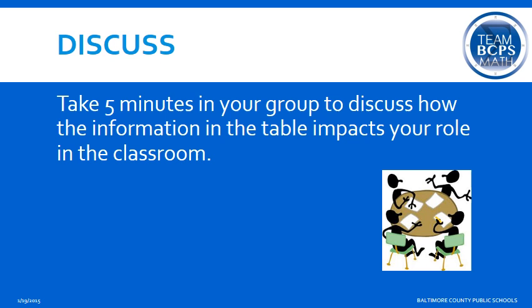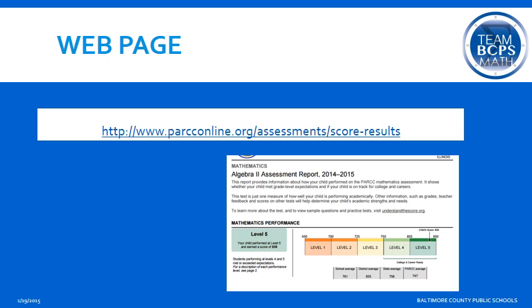So now you're going to give your teachers and yourself a little time to have a little discussion about the information that they have learned so far in this professional development. Now, once you've finished having that conversation about the new information, you're going to present your teachers with a mock mathematics student score report, either digitally or as a hard copy.